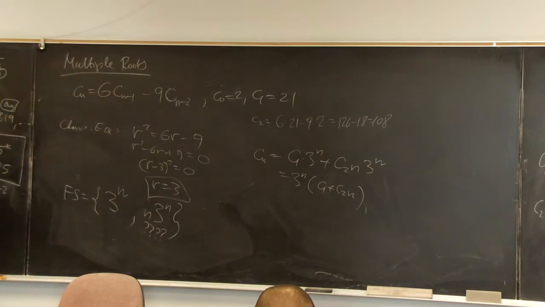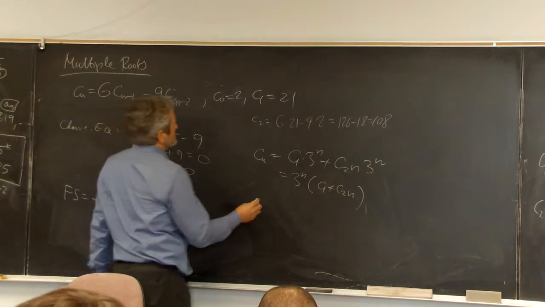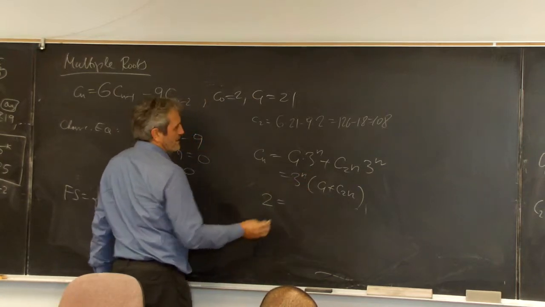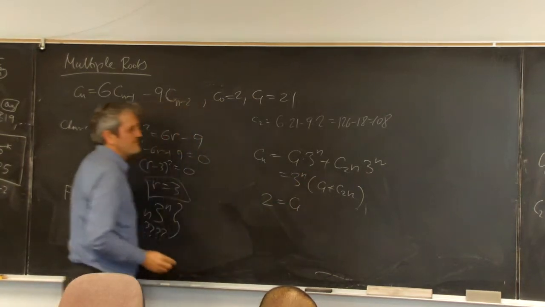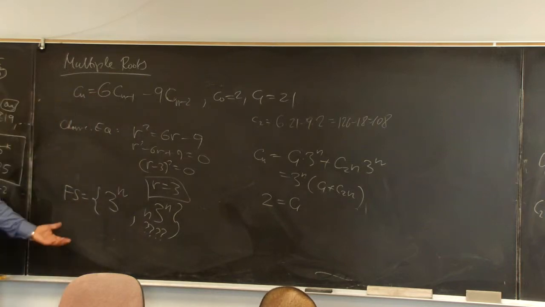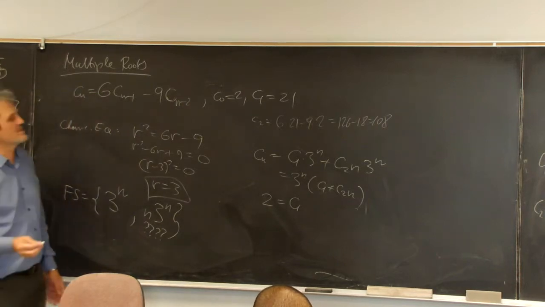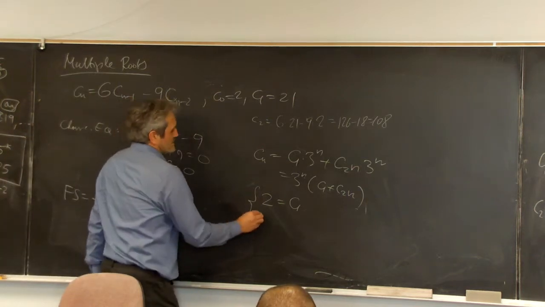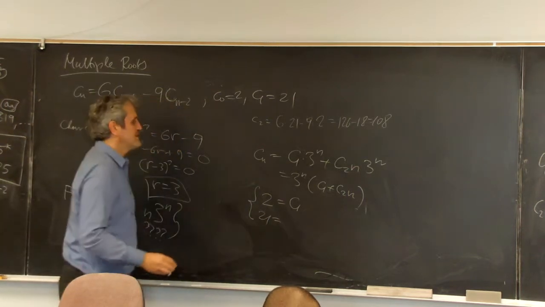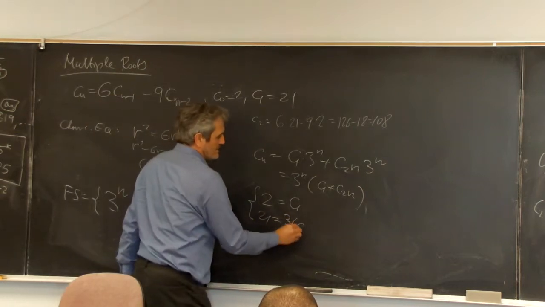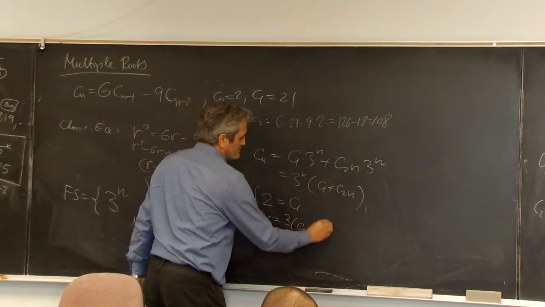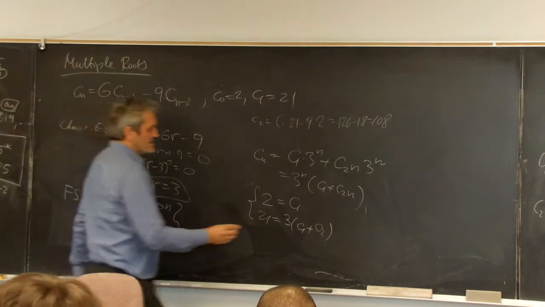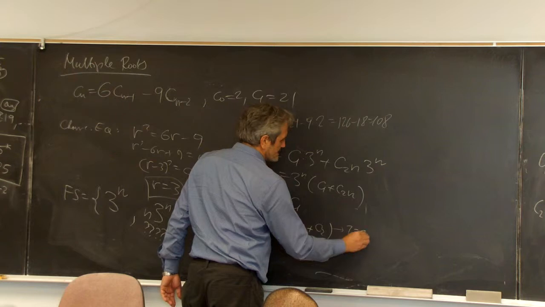Now I match initial conditions the same way. C0, which is 2, equals 3 to the 0, which is 1, times C1. C2 times 0 is 0, so the second one disappears, which is even nicer. Then for n equals 1: 21 equals 3 to the 1 times C1 plus C2, so 7 equals C1 plus C2.